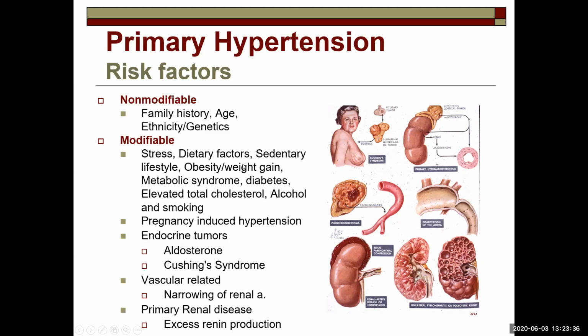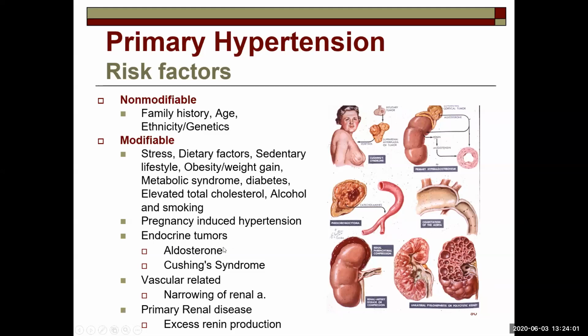We discussed that already. But many people are stressed and they don't have hypertension. So it depends. These are modifiables. That means if you modify these things, it can reduce the chance of you getting primary hypertension. But the main etiology of primary hypertension is unknown. It's an unknown reason.